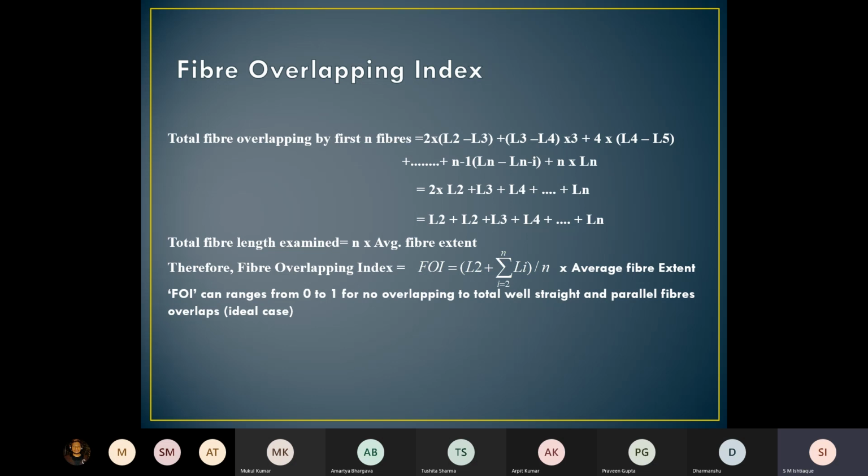Anybody can answer? Hello? So the 28 mm overlapping yarn will give you more tensile strength. Now I have put a different question. Yes, you said that the higher overlapping will give you more strength.